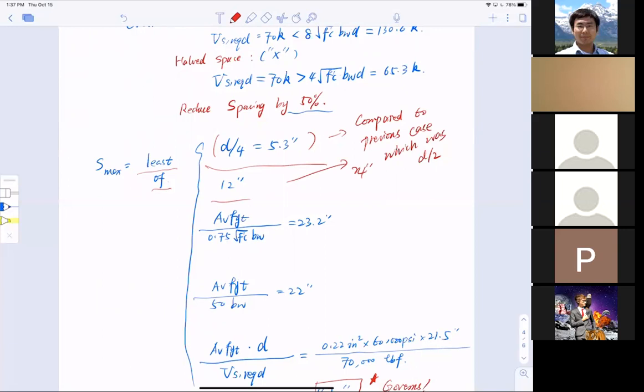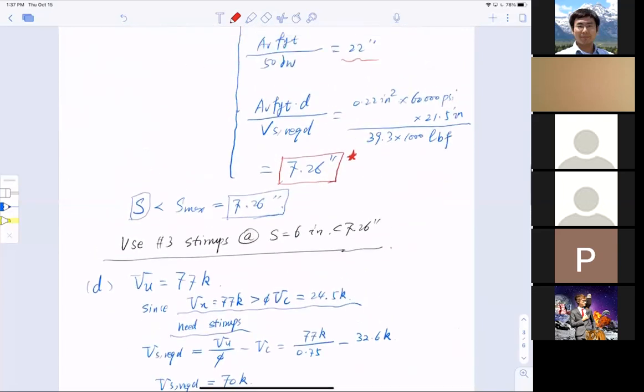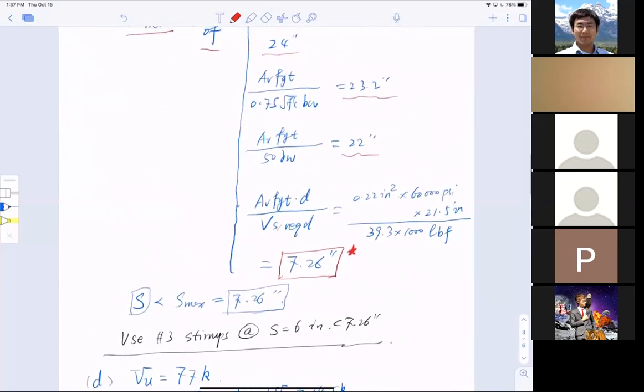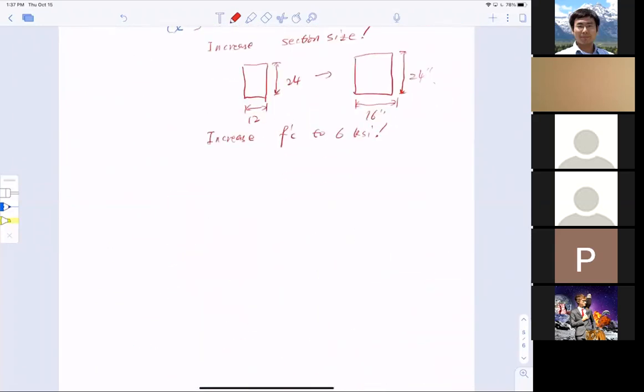Anything else? Hey Bob, I have a question about Av. I realize it's the cross-sectional area of the stirrups. On our quiz we had to do that as well, and I went back and looked in the notes from before quiz 6, and I think in your notes it was labeled a little differently than how you just did it.